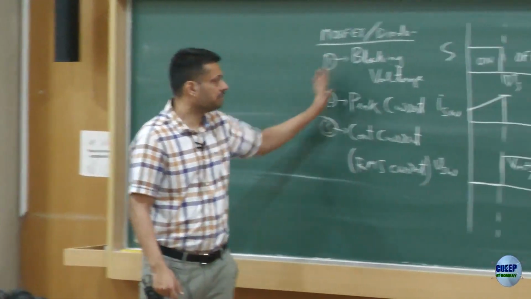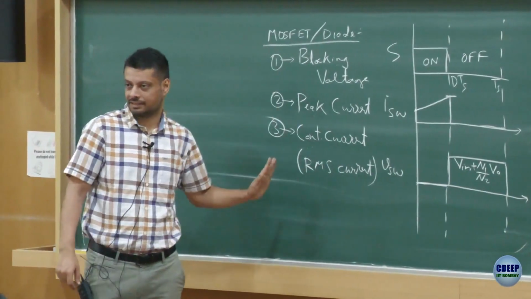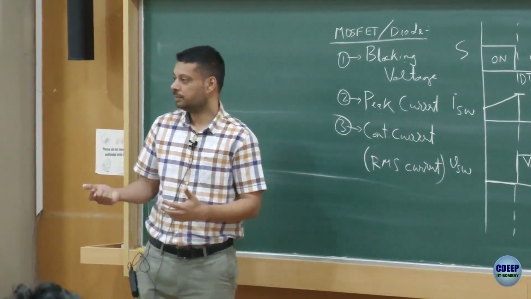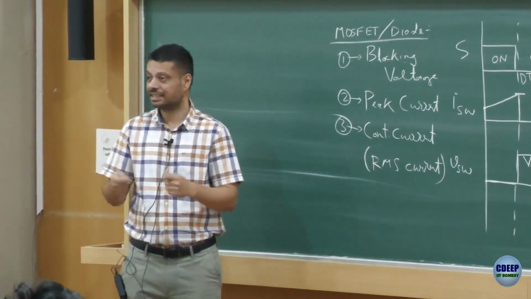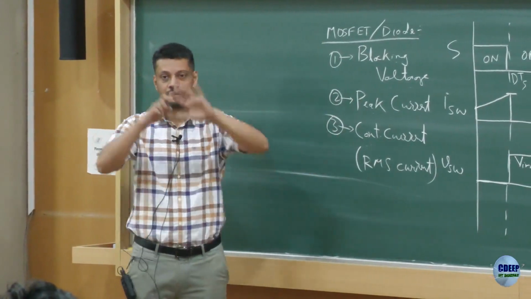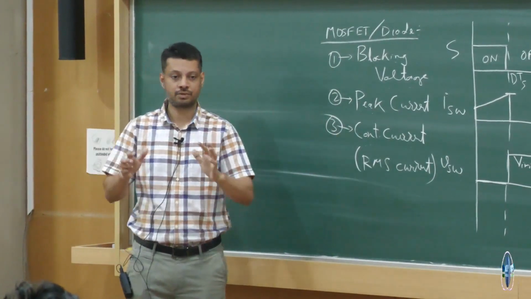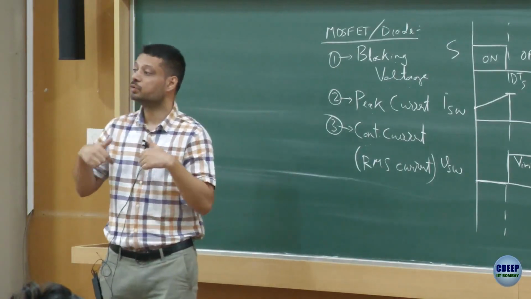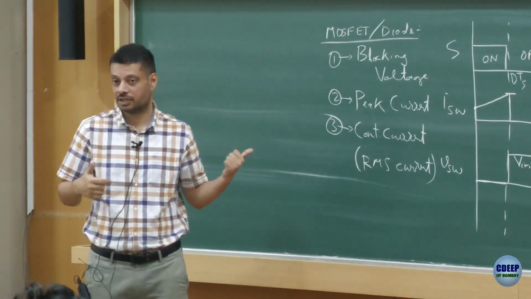These are of course the first level things, the most basic things. First you decide whether you want a MOSFET or diode or IGBT or GTO. Second, you decide these three things, and then you restrict your search space to a few things. Of course, you still have thousands of options even with these values.